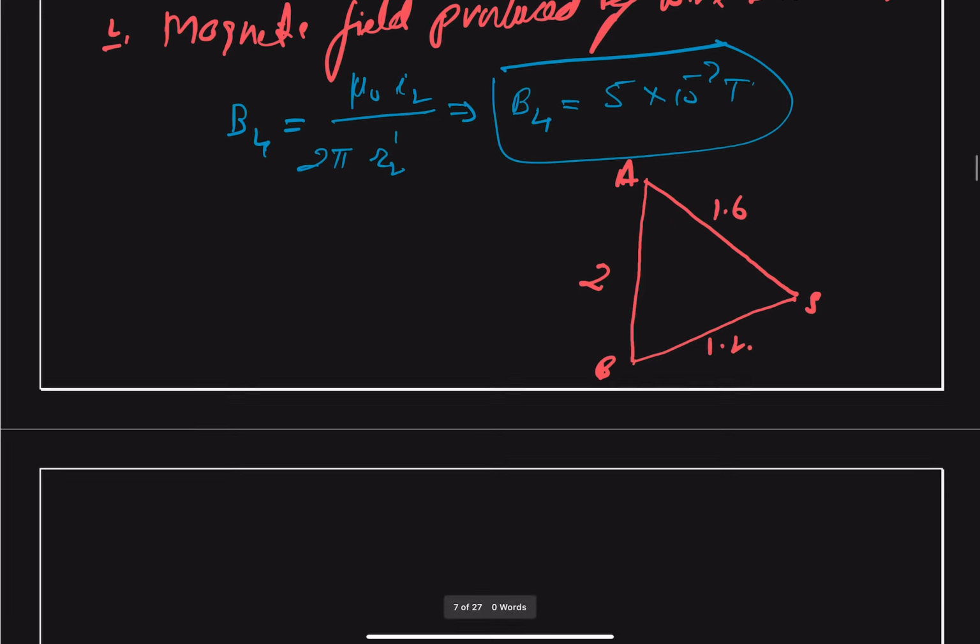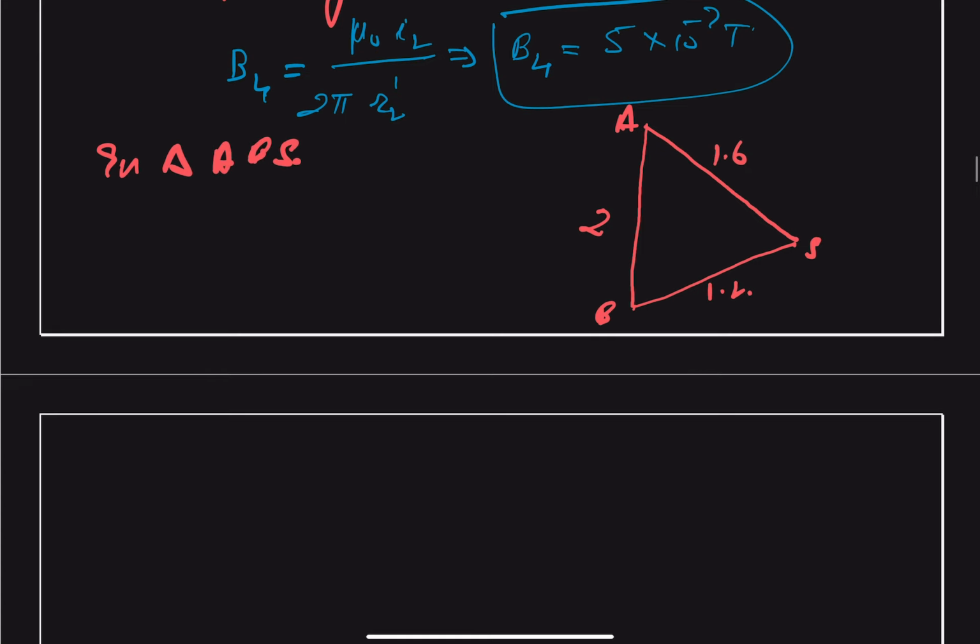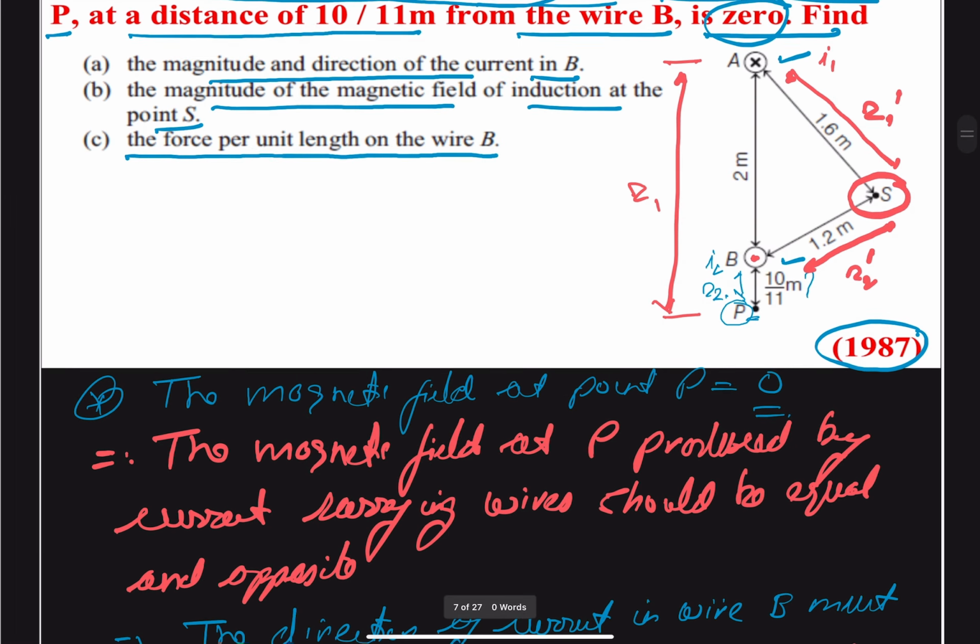So if we see this triangle closely, you can say in triangle ABS we have that AB square is equal to AS square plus BS square, and 1.6 and 1.2.